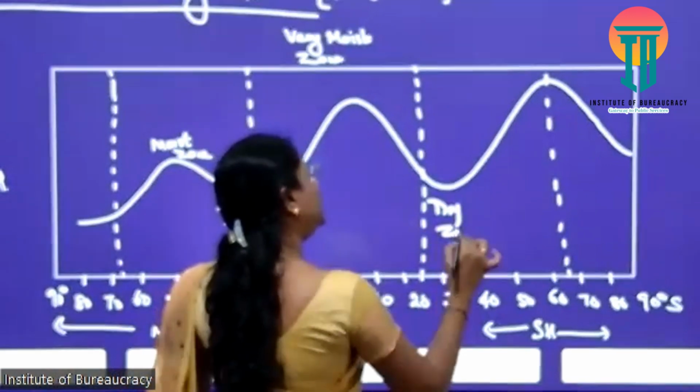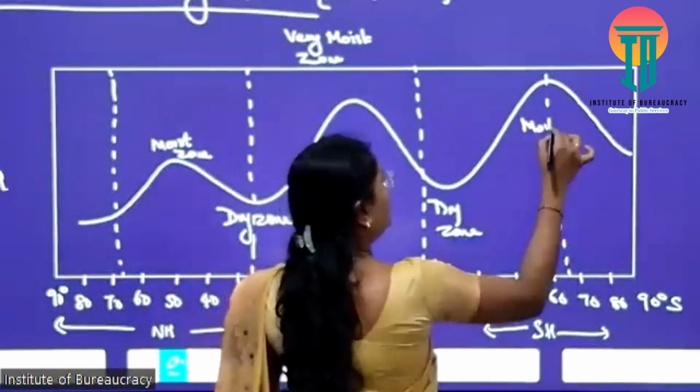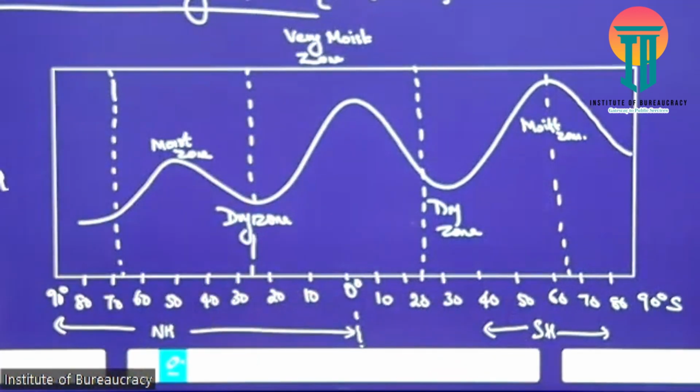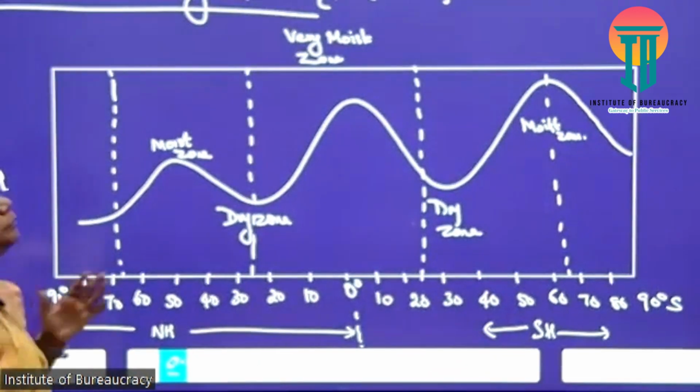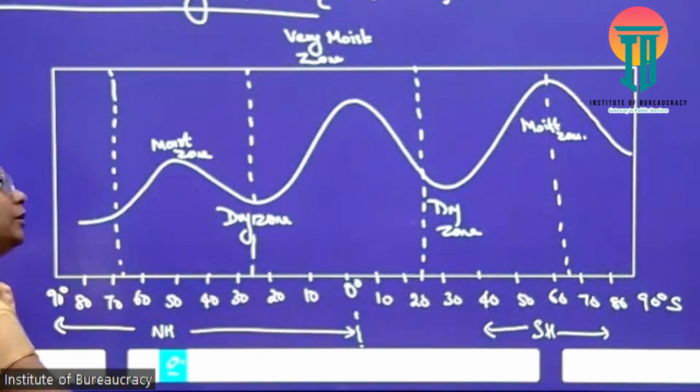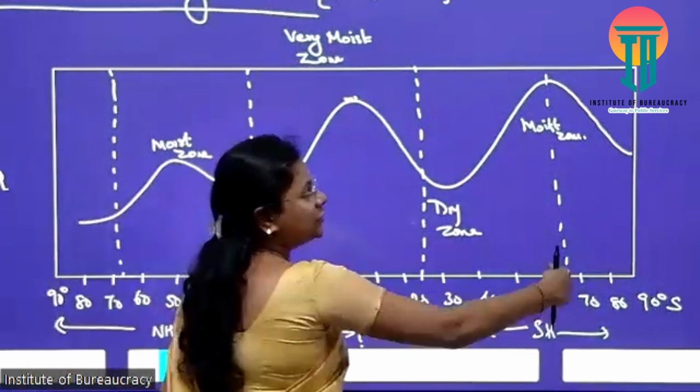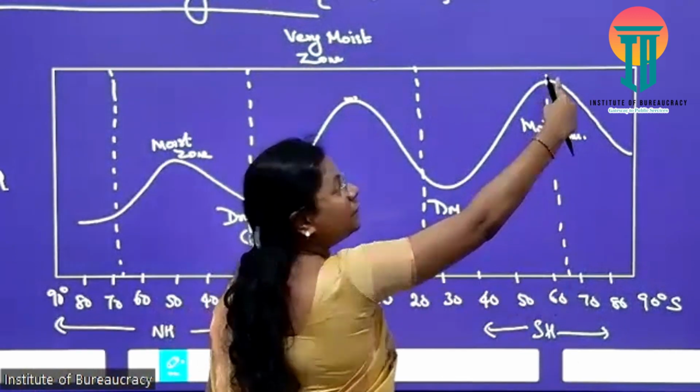Again a dry zone, then a moist zone, where the relative humidity increases. In the picture, what is important to note is that even though the equatorial zone is very much moist, the southern hemisphere records the maximum relative humidity.